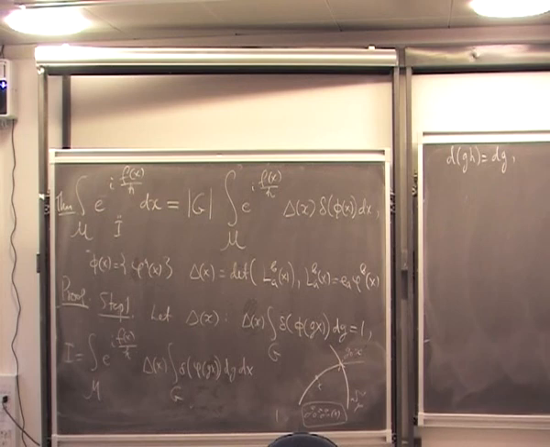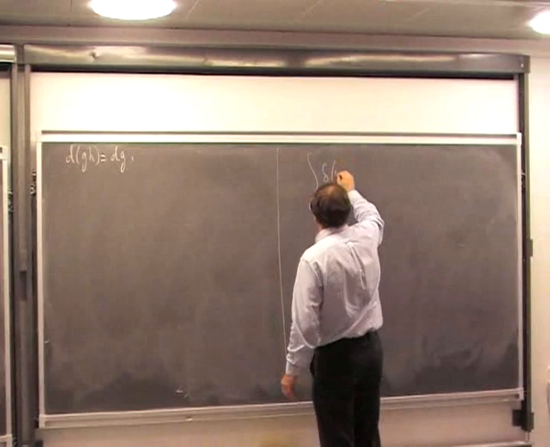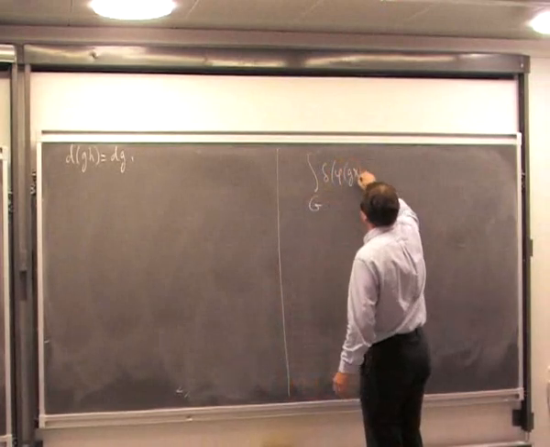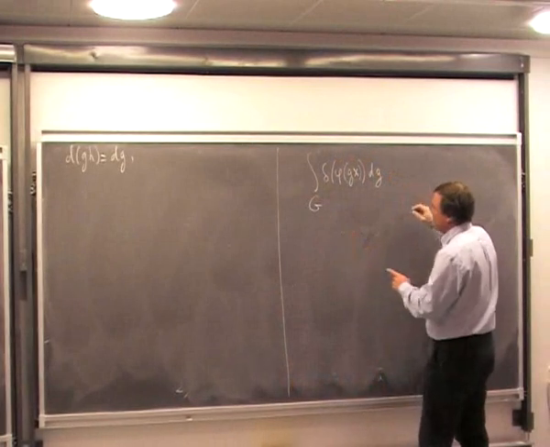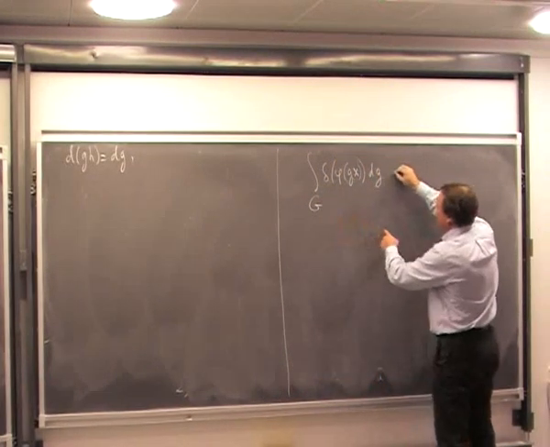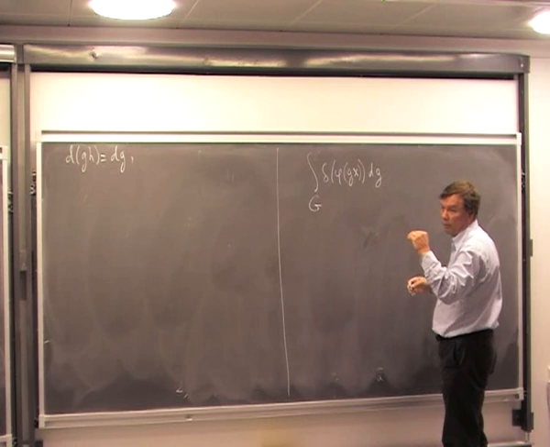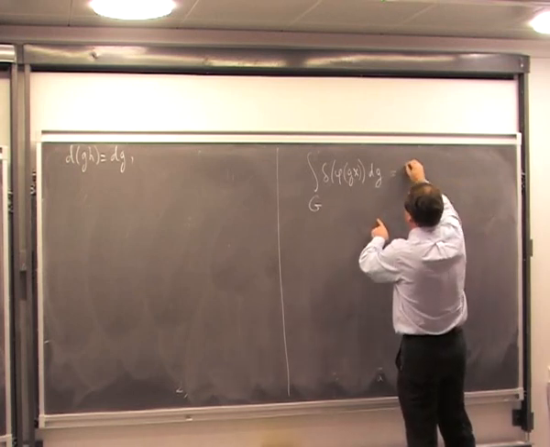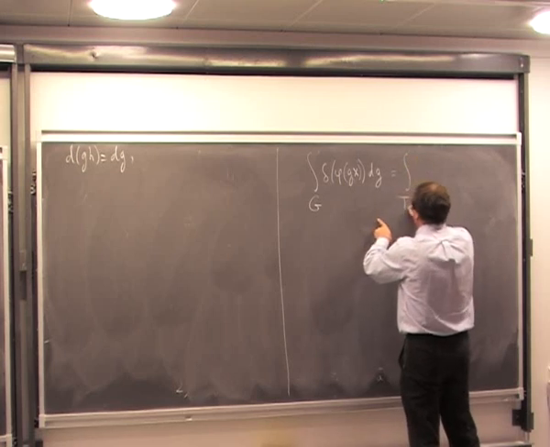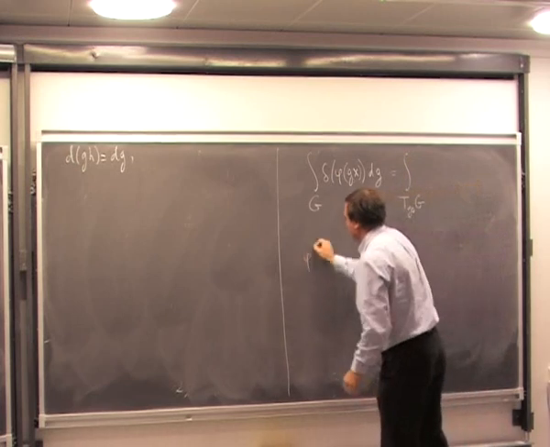So let's compute it, just so that there will be no ambiguities. dg, you're absolutely right. The contribution comes from the infinitesimal neighborhood of the point g0 when you integrate with this. So I'll write it like this. It's the integral over t g0x.